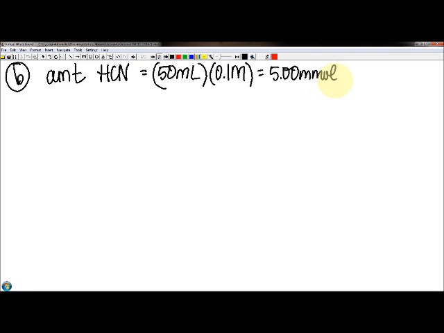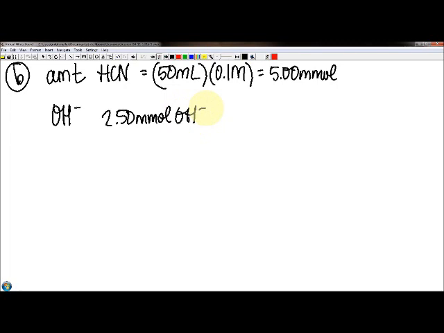Okay, so the halfway point is when the hydroxide ion moles are equal to half of what we originally have for the HCN. So half of that would be the 2.5 millimoles, because half of 5 is 2.5.